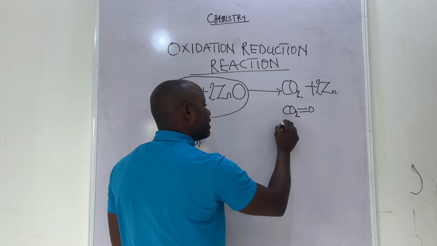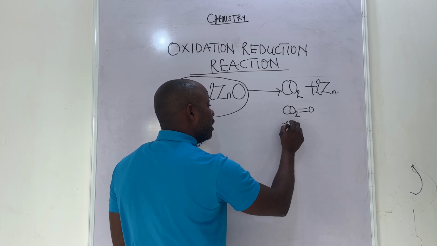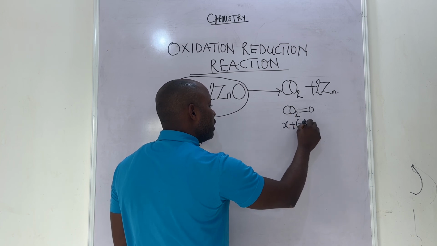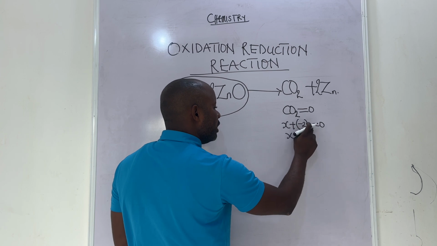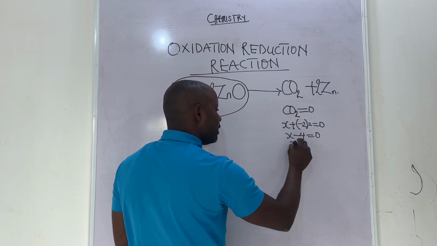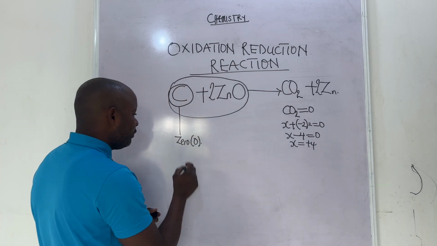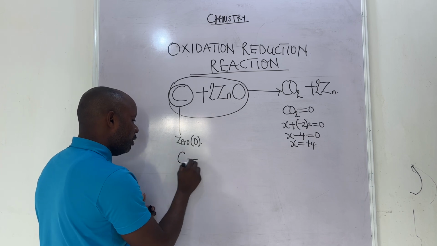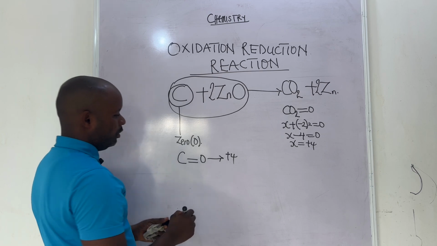Since we don't know the oxidation state of carbon, we take it to be S, plus the oxidation state of oxygen, -2 times 2, equals 0. S minus 4 equals 0, so S is +4. That is, this carbon moved from 0 to +4.